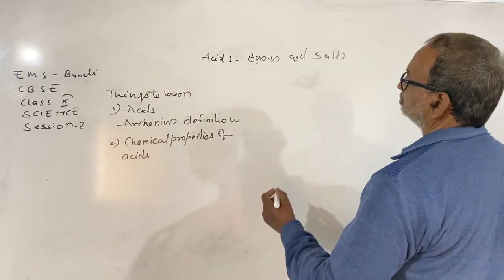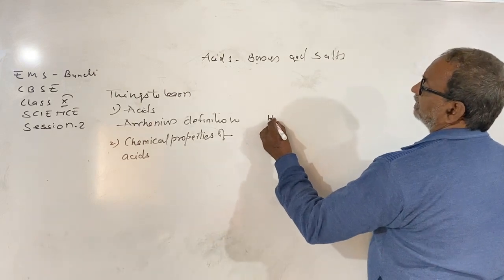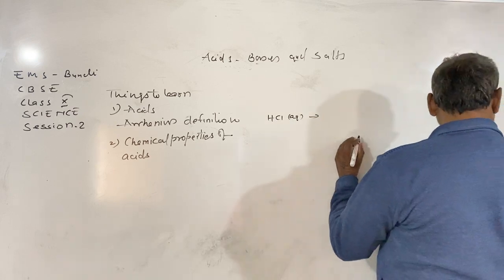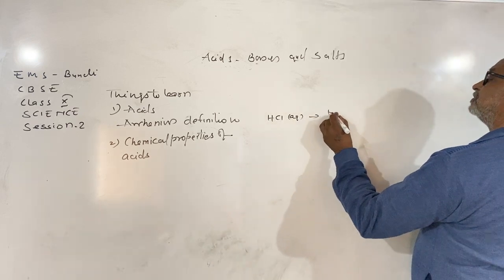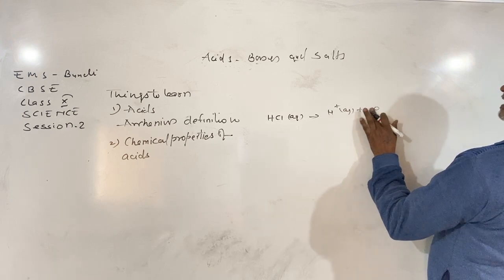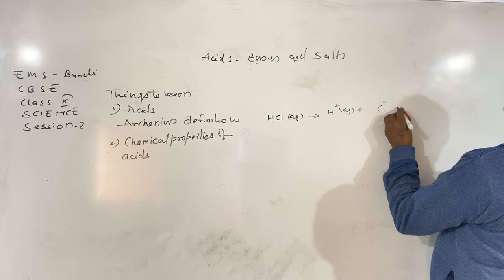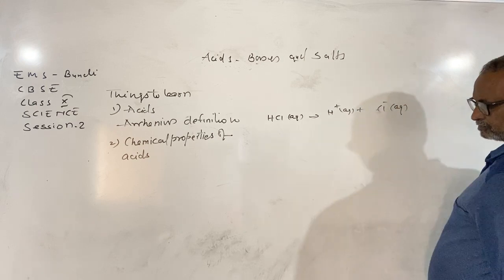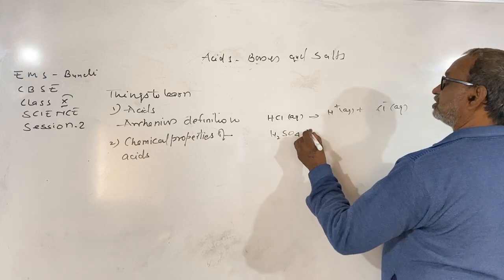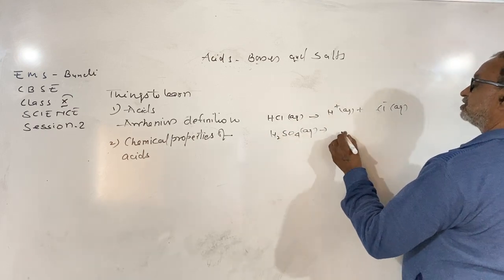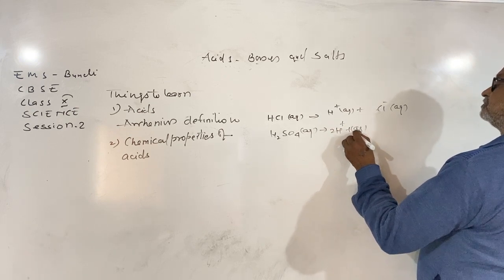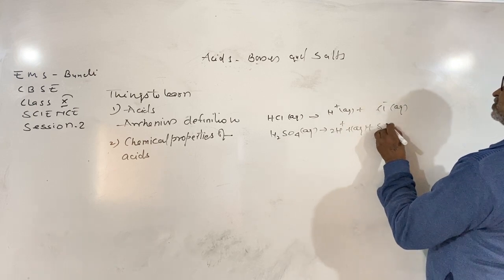Consider these examples. Hydrochloric acid, when dissolved in water, dissociates to produce hydrogen ions and chloride ions. Sulfuric acid in aqueous solution dissociates to produce hydrogen ions and sulfate ions.